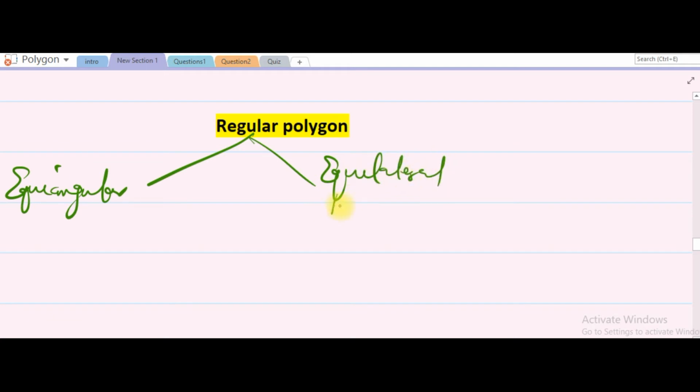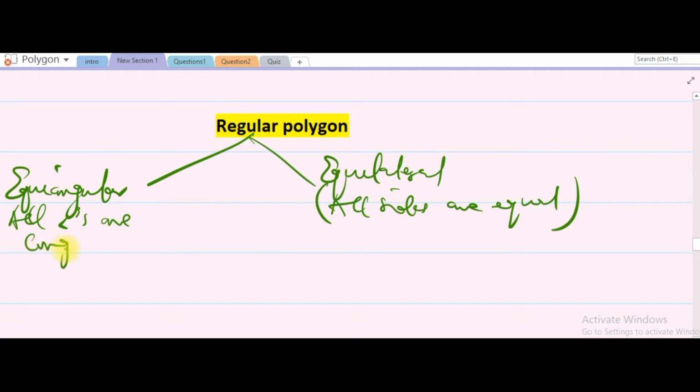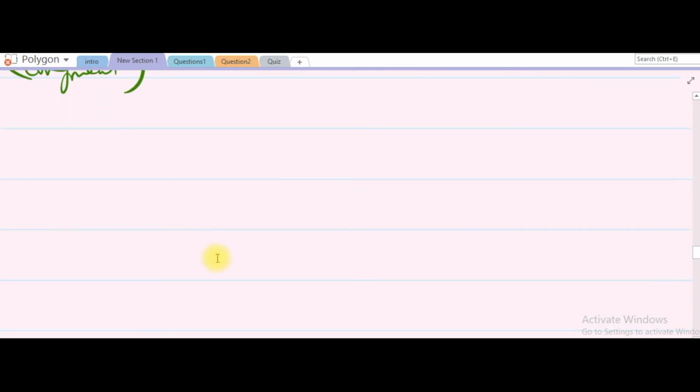Equilateral means all sides are equal, congruent, while equiangular means all angles are congruent. So any polygon with this property is called a regular polygon.